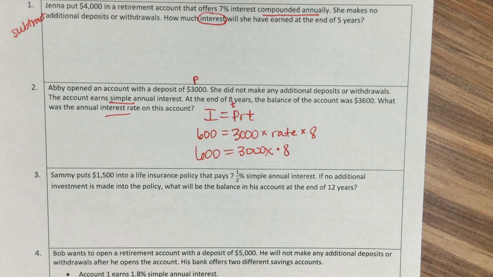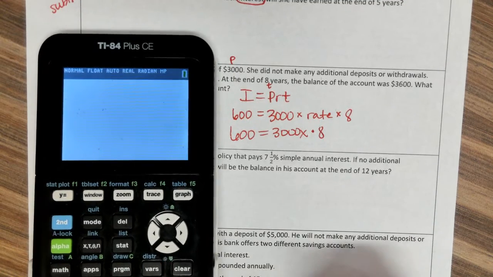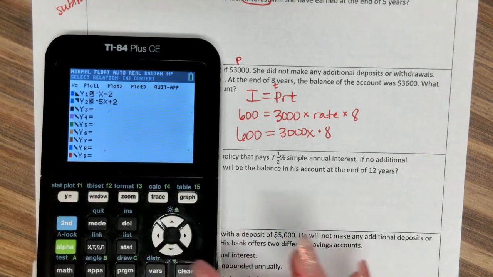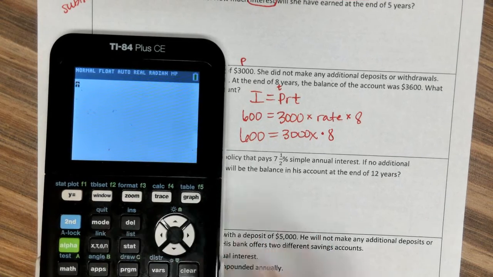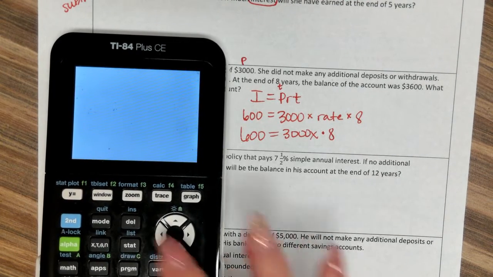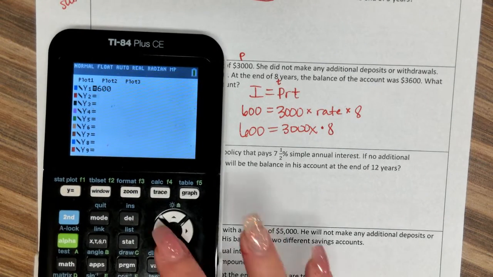Where do we solve equations at? In the calculator. We go to where? Y equals. I have to reset. All right, so here we go. 600.